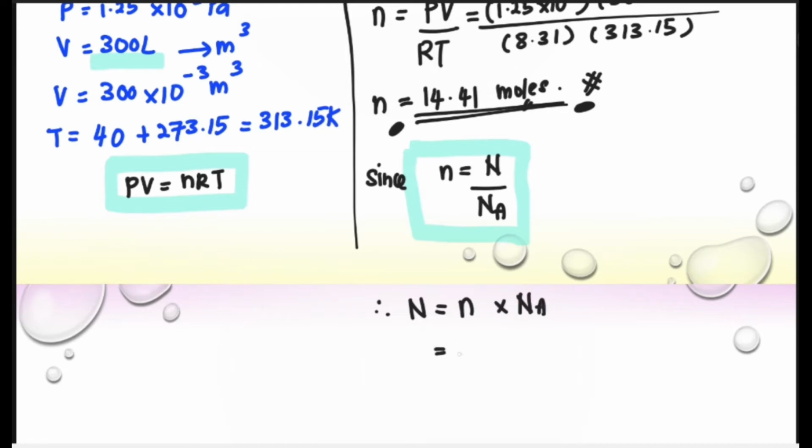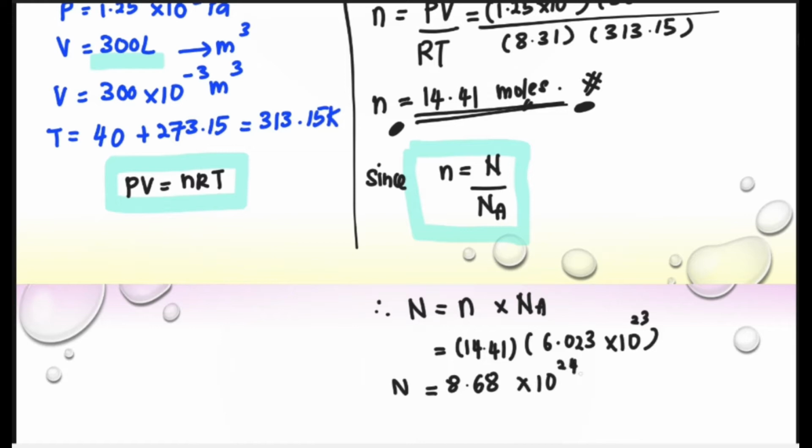We can substitute 14.41 times 6.023 times 10 power of 23. The final answer, the number of molecules, should be equal to 8.68 times 10 power of 24 molecules. So this is the answer. Alright, so that finishes example number 1.